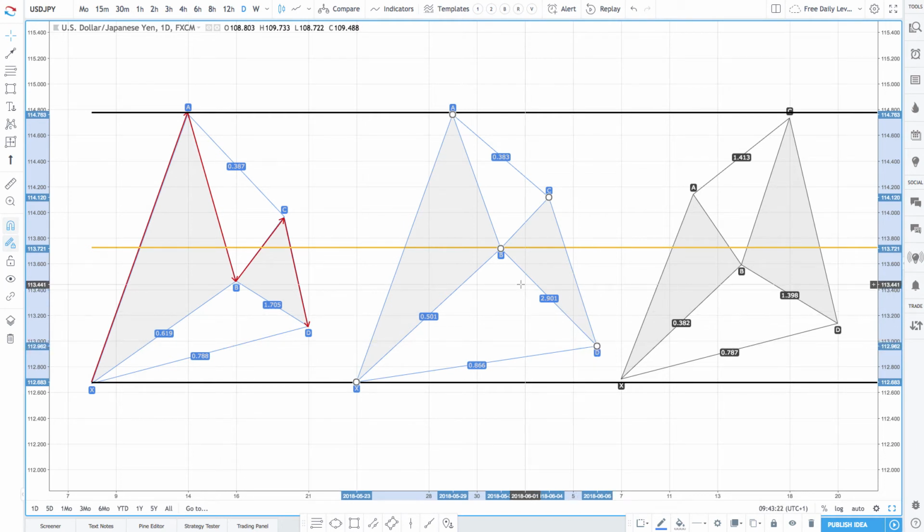So again, you can figure out whether the software that you're buying, the effort that you're putting into trying to find bats, Gartleys, and Cyphers, is worth it, or whether you can just identify an X to A leg, if you want to call it that. I just call it a low to a high, where price is being contained: prices can't break above the high, prices haven't broken below the low.